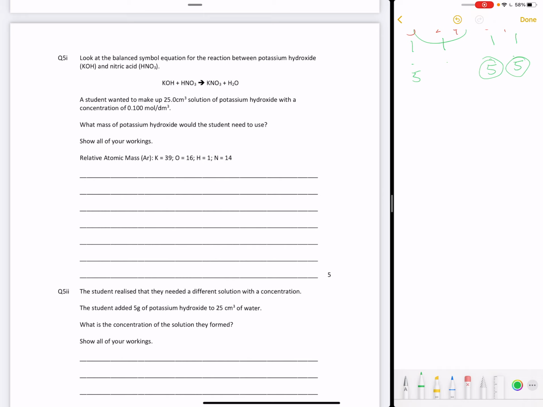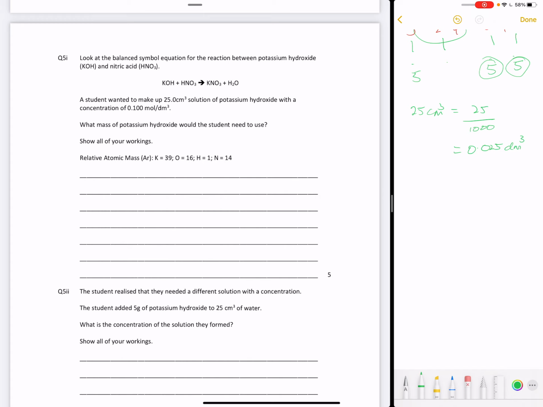Okay, so let's have a look. So the first thing you have to do is convert your 25 centimetre cubed into litres. So 25 centimetre cubed, because it's in litres, it's 0.025 litres.